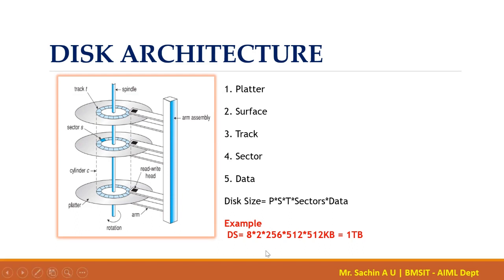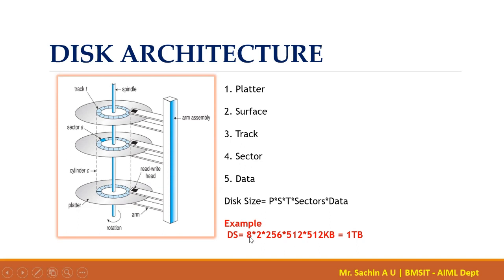Okay, so this is all about your disk structure. Clear? There might be some examples asked on this disk structure, right? They might ask you what is the total data stored on a disk. Let us take one simple example: the entire disk consists of 8 platters.